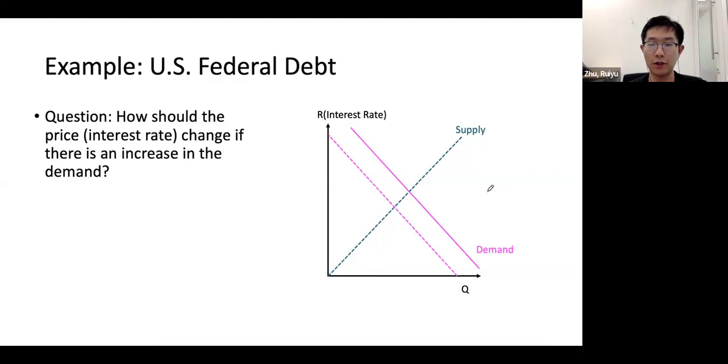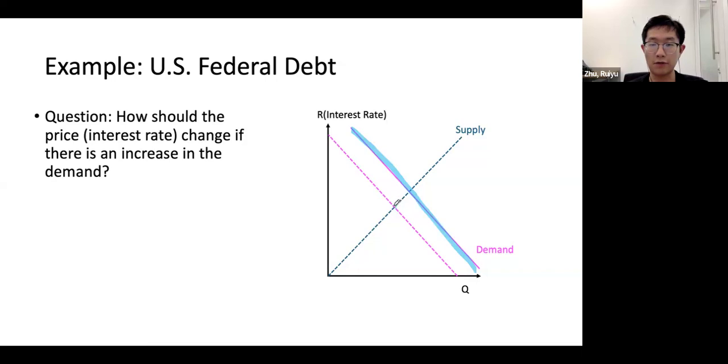With this framework, the federal government is demanding money, so they are the demand side. Now the crisis comes, they want to raise more funds for bailout, so there will be an expansion in demand. The demand will increase, so the demand curve will shift to the right.